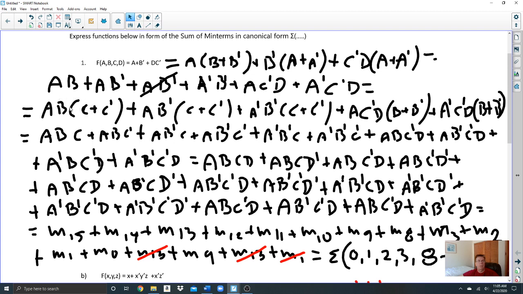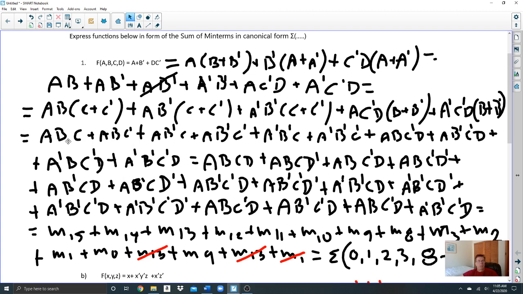Out of this term, we have two terms. Out of this term, expanded two terms. Out of this term, A prime B prime in parentheses C plus C prime, we have these two: A prime B prime C, A prime B prime C prime.